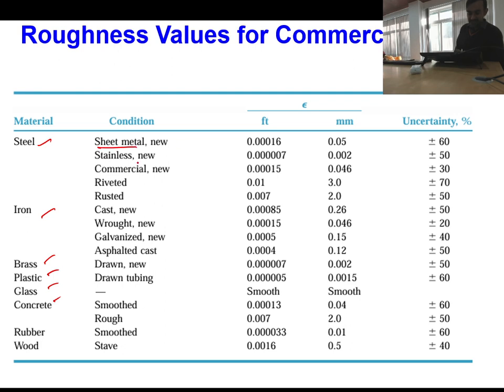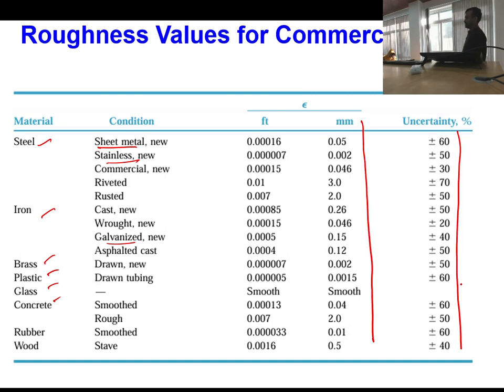If we have sheet metal, stainless steel, or galvanized sheet, different types of conditions are there, and depending on that you can see the corresponding value of the roughness within the uncertainty limits of this percent. So if it is given that you have some pipe made of this material, you can simply refer to this table and choose the value of epsilon from it.